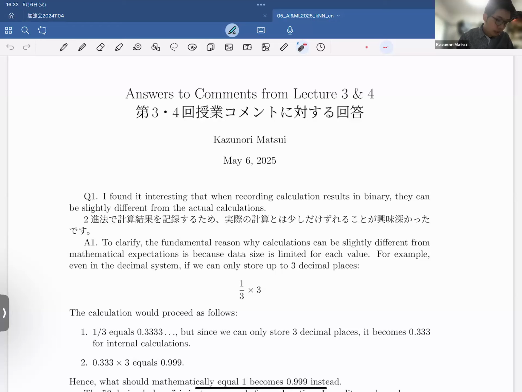I believe this refers to when we calculate an inverse matrix in Python and multiplication with the original matrix doesn't result in exactly the identity matrix. This seems to be more of a comment than a question, but let me provide some additional information just in case.